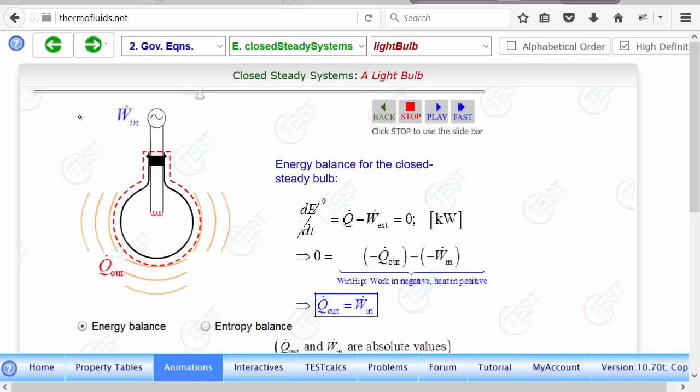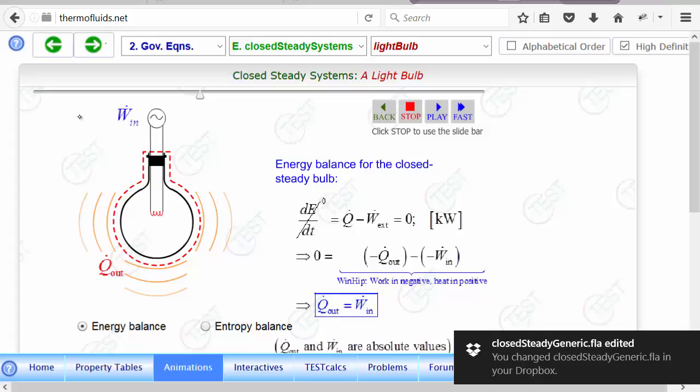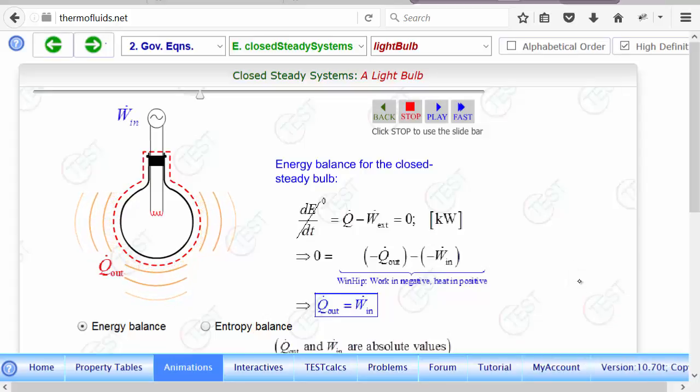Why are we not calling them Q dot external or W dot external here? Because these are absolute values. Suppose we have a 1 kilowatt lamp, then W dot in is just 1 kilowatt, because the direction of the transfer is clear from the subscript. Similarly, Q dot out is telling us that heat is leaving the system.